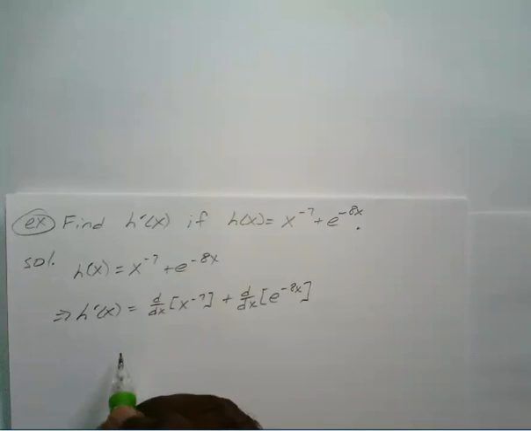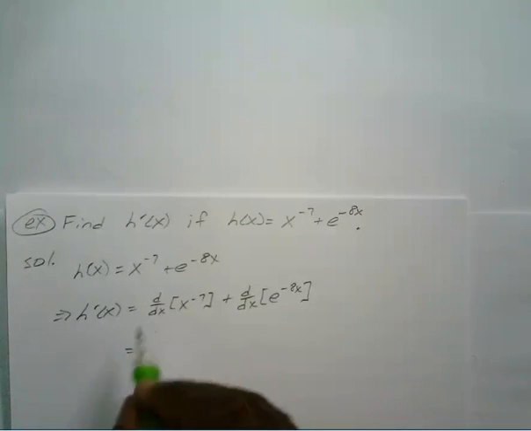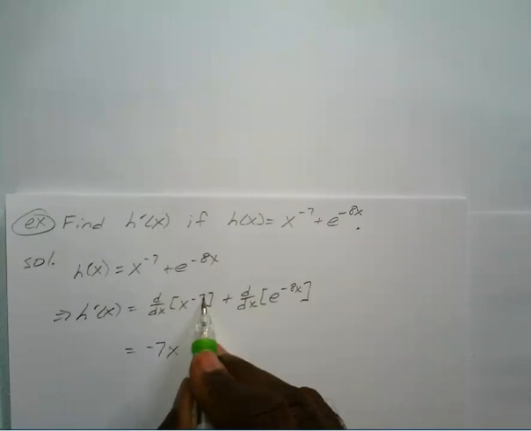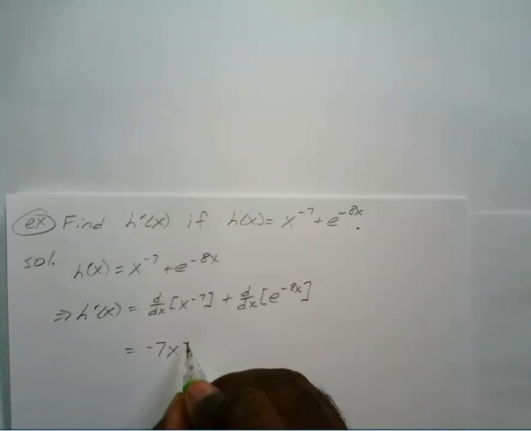For the first term, just bring down the negative 7. So you have negative 7x, and we subtract 1, so negative 7 minus 1 is negative 8.